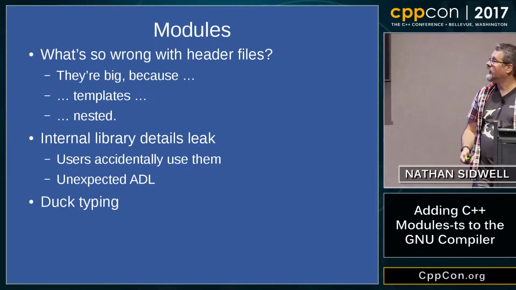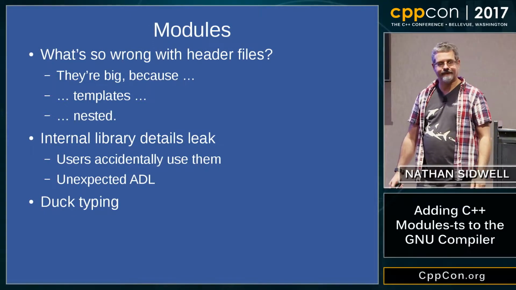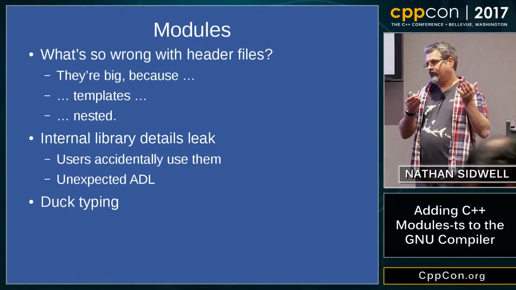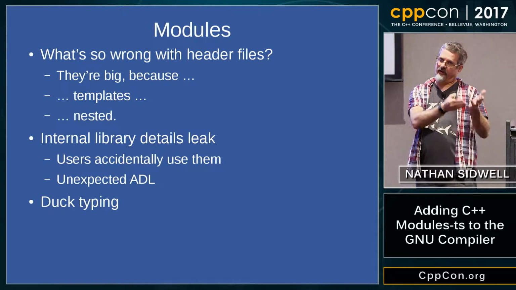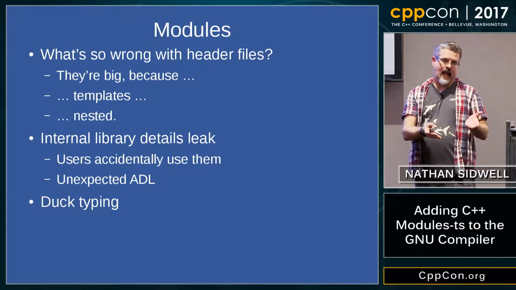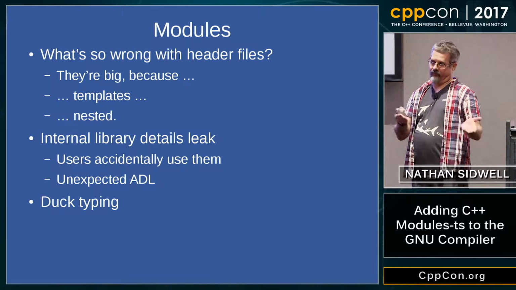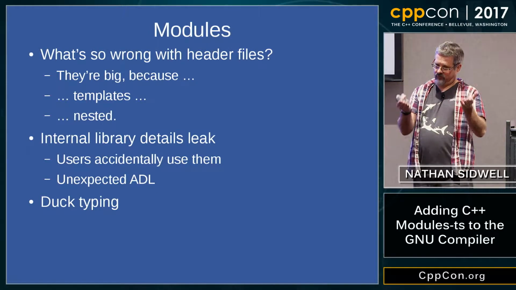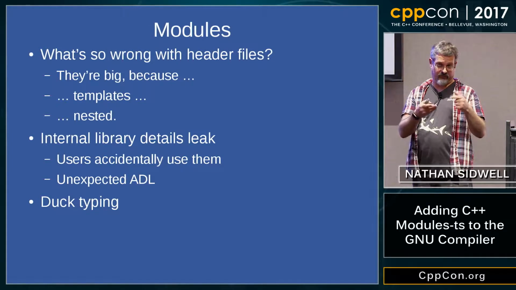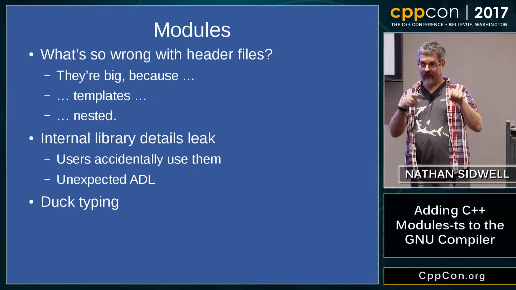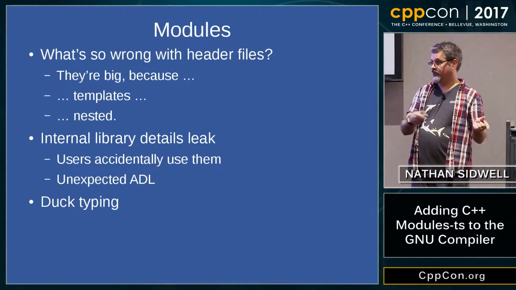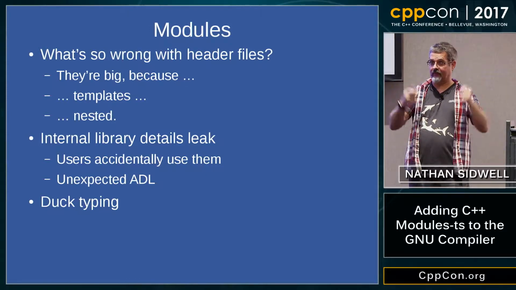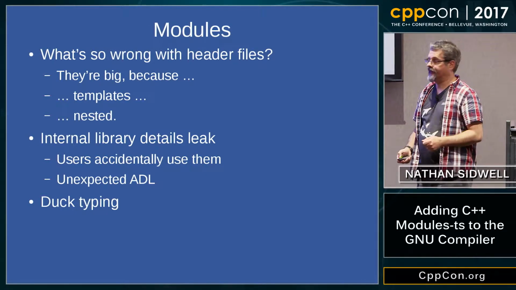What have we got? Oh yeah, we have this thing called duck typing, where if you think about a header file, it's defining some class, and we include that in two different compilations. Those compilations are compiling different sources, but the spelling of the class is exactly the same, so it looks like a duck in both of them, so we declare it the same duck.